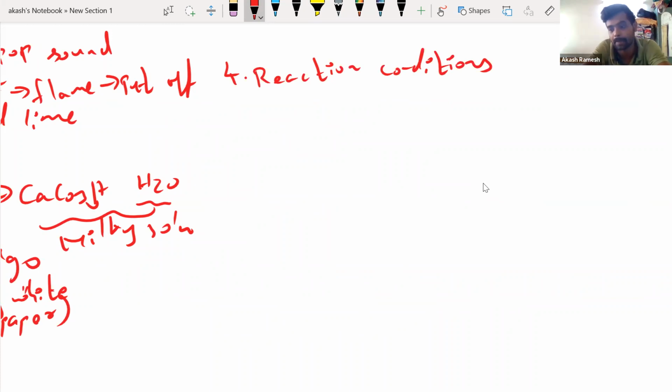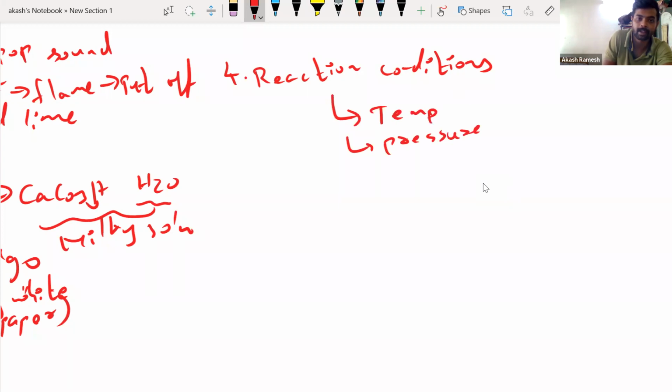Some reactions need a lot of pressure, and certain reactions need a catalyst. So under reaction conditions, what you can include is temperature, pressure, and the last thing is catalyst.